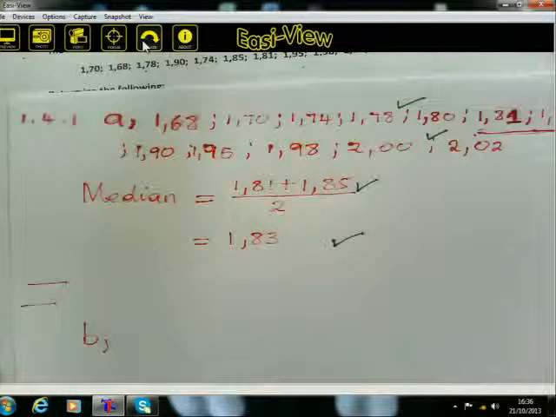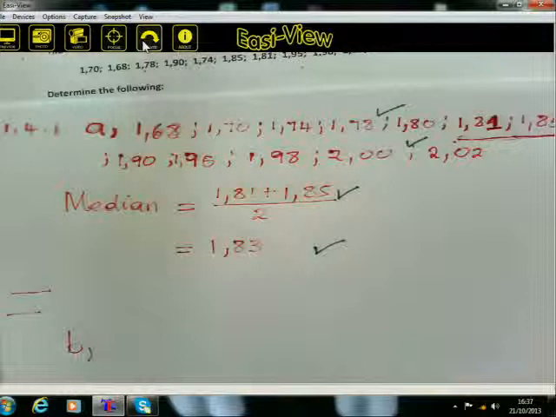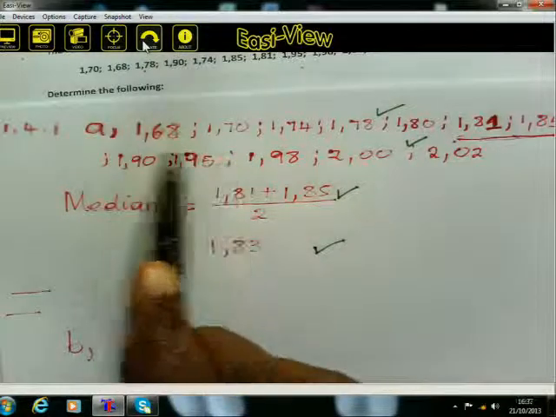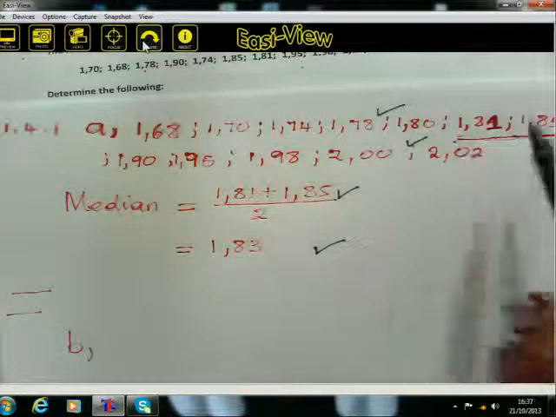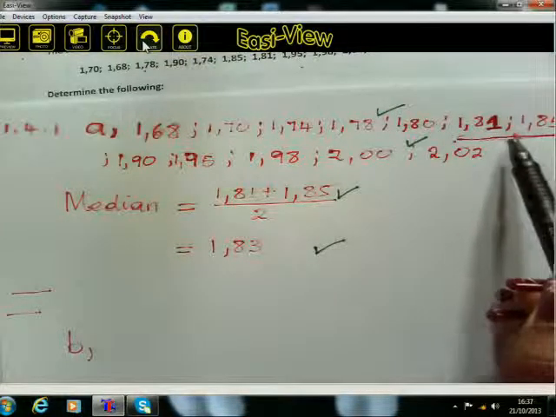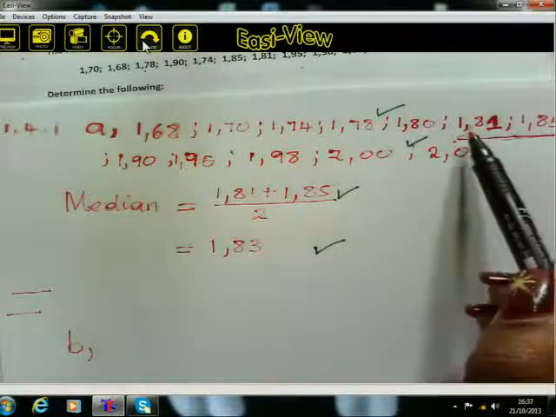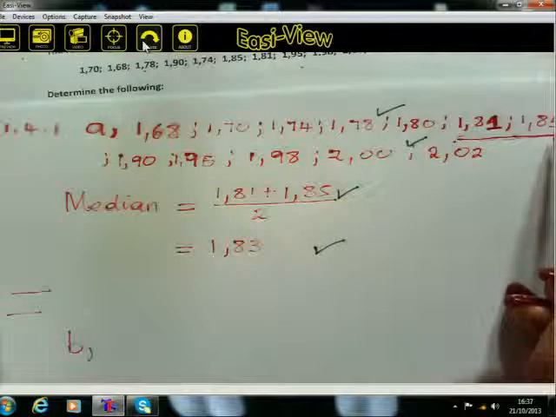So for us to answer number B, which is lower quartile, which is Q1, you will be helped by the rearranged data from A. Remember, from your data, you had middle 2, which is 1,81 and 1,85.